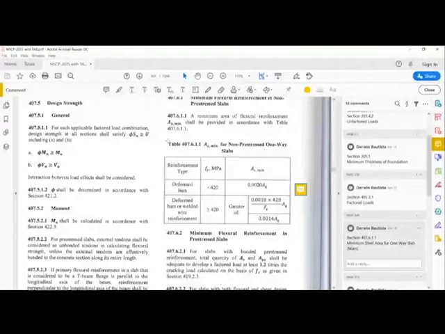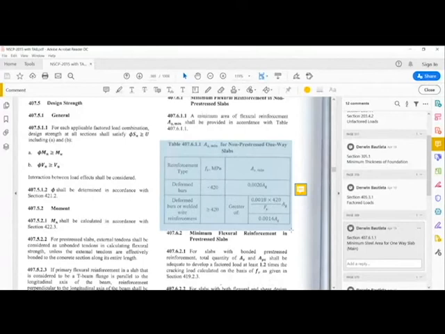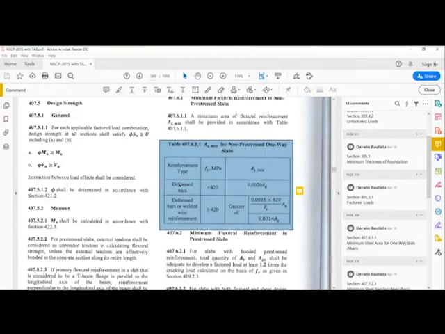Okay, so for the main reinforcement, the minimum As for deformed bars, less than 420 megapascal fy, is 0.0020 Ag.